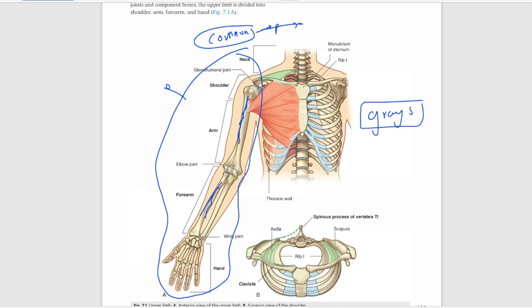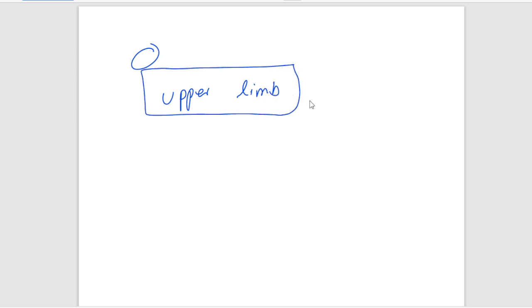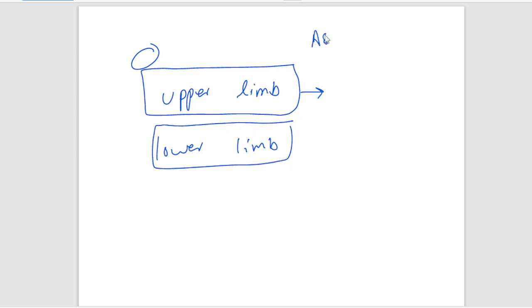Now, what is important in the upper limb? If you start the upper limb and lower limb, you have to ask yourself how much time you have to give to this.